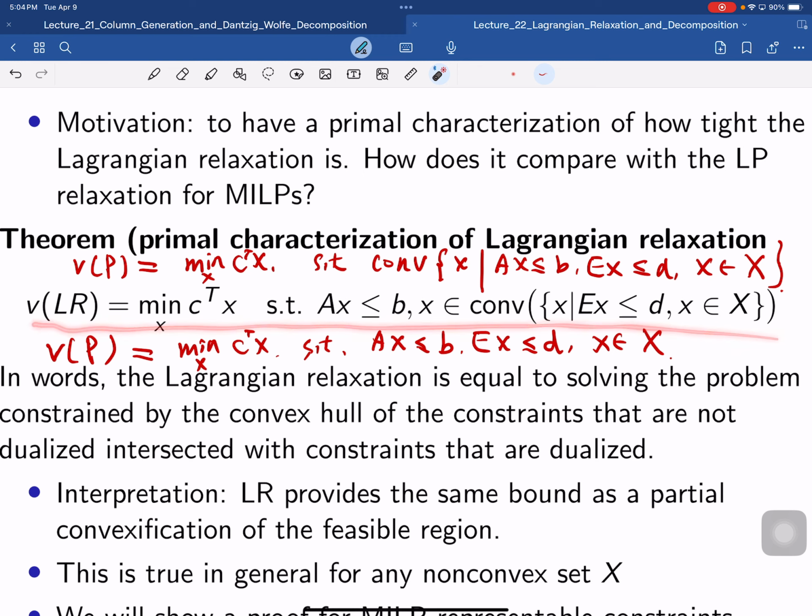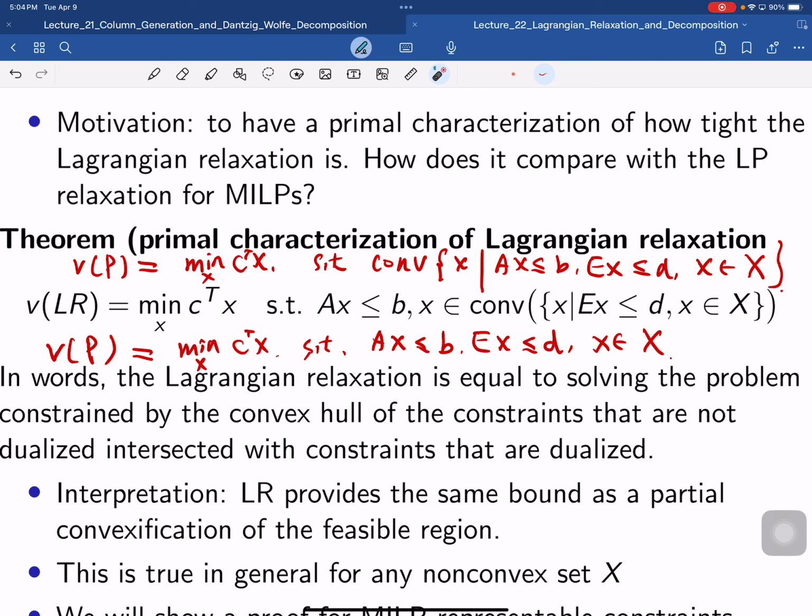Right? So recall that V_P is minimizing the linear function over the convex hull of all the constraints. But V_LR is saying that I'm only convexifying some of the constraints here, right? Instead of convexifying all the three sets of constraints simultaneously. So you can view the Lagrangian relaxation's value as a partial convexification of the constraint sets.